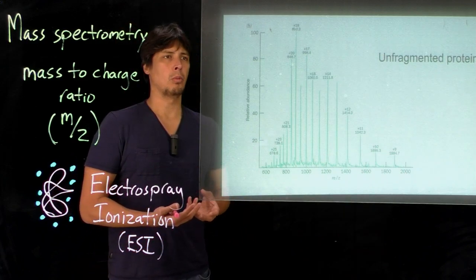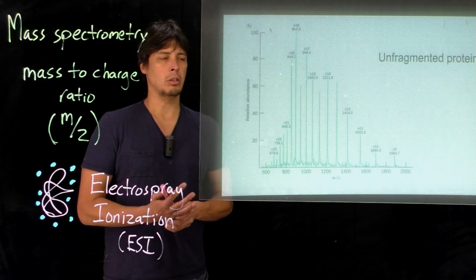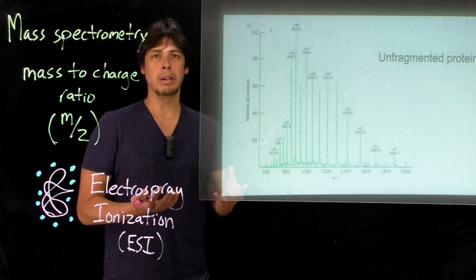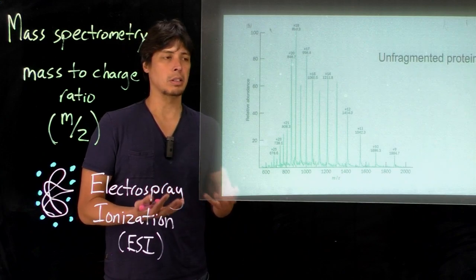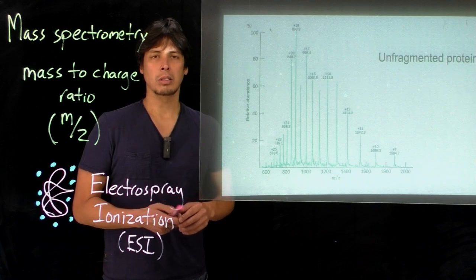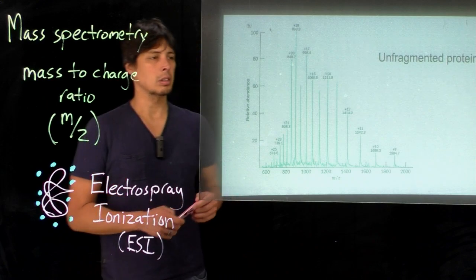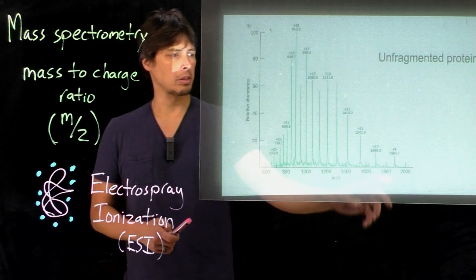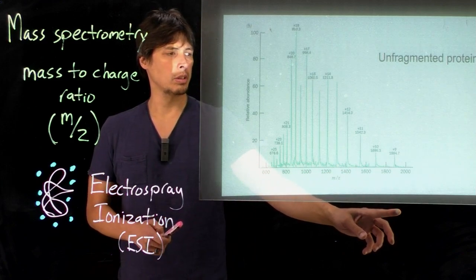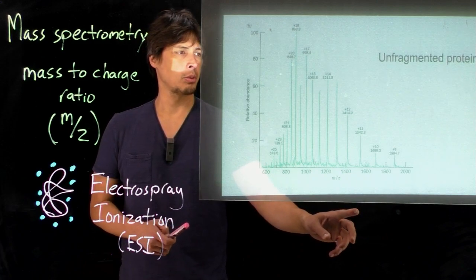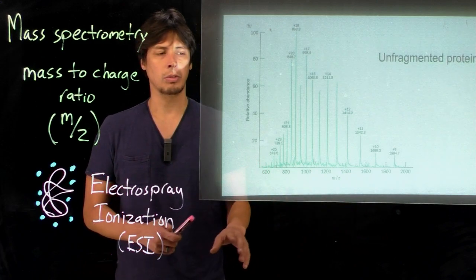What you see is that you don't actually see one peak for the mass of the entire protein, because the protein itself is about 16,960 daltons. But there are several peaks: one here at 1884.7, another one at 1696.3, 1542.3, and so on and so forth.